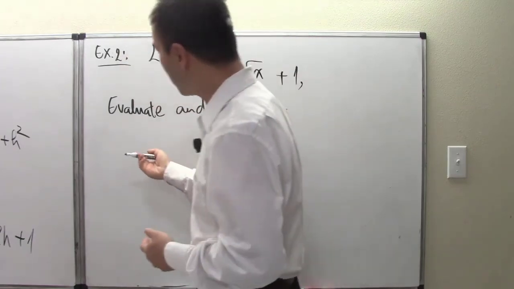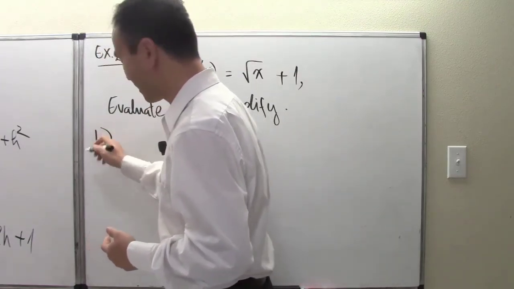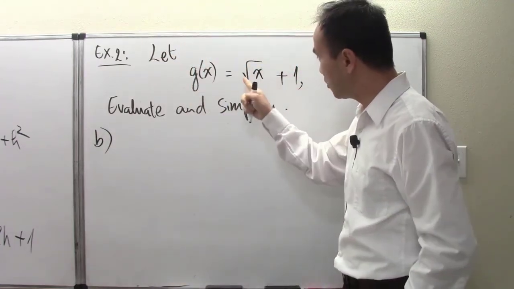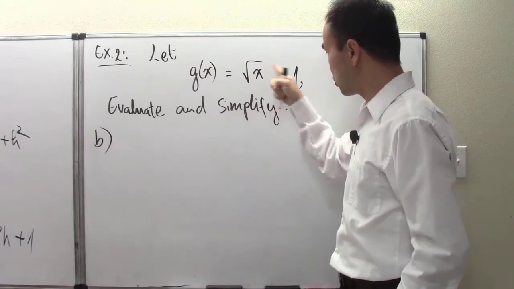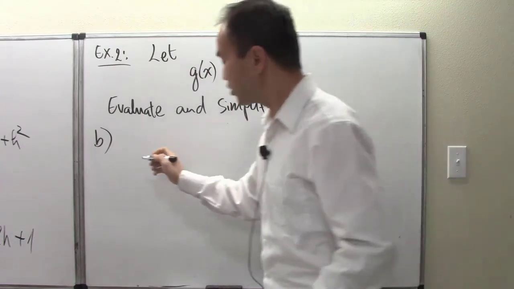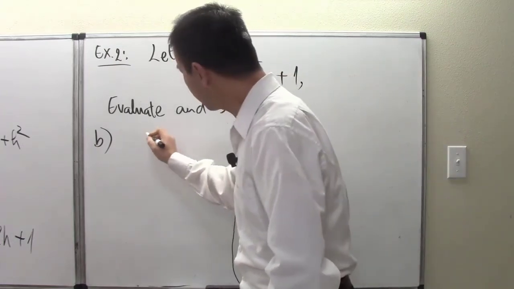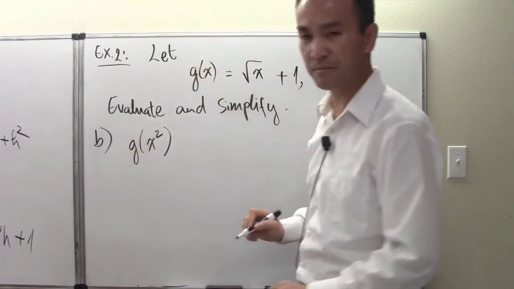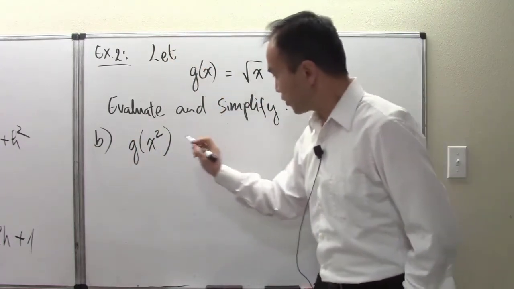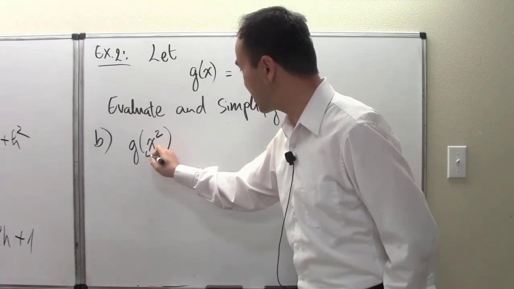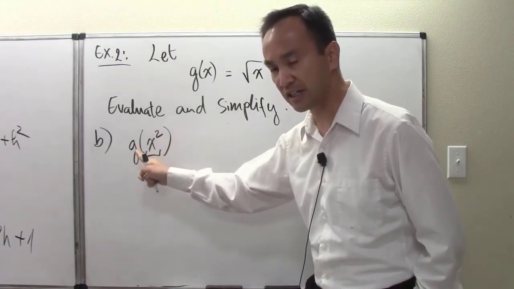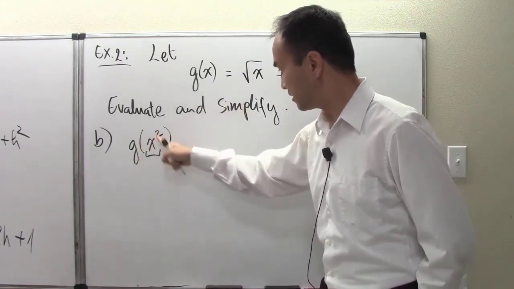All right, so part B of the example. Let's look at the same function here, g of x defined as square root of x plus 1. Let's look at g of x squared. Here I have x squared as an expression being the input.